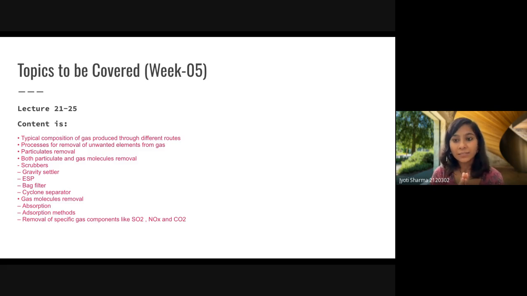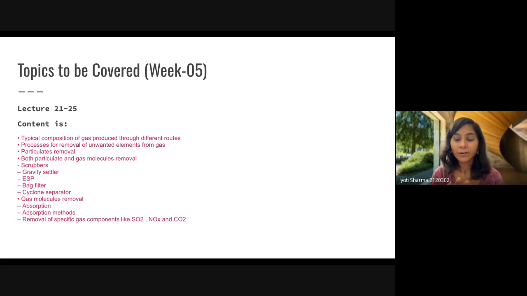So what mechanism we do have, what kind of instrument we have, what efficiency of each instrument we have, that we will discuss. So for the particulate matter removal, we do have scrubbers, we have gravity settlers, we have ESP, that is the electrostatic precipitator, then we have baghouse and the cyclone separator.